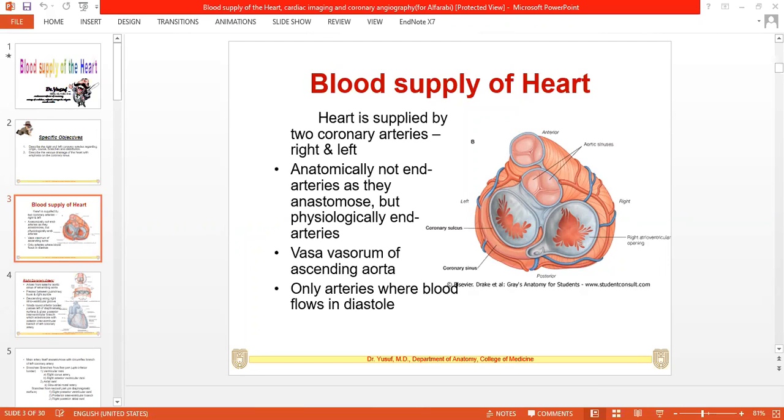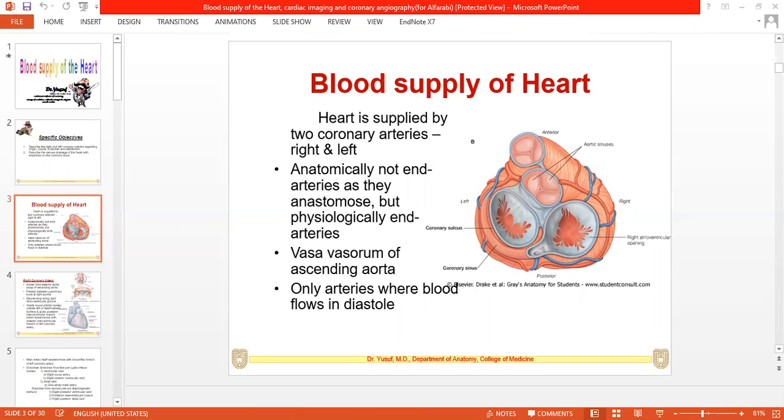Now the blood gets pushed into the coronary arteries, which are on either side at the aortic sinuses. So that's why these arteries get the blood supply during diastole.